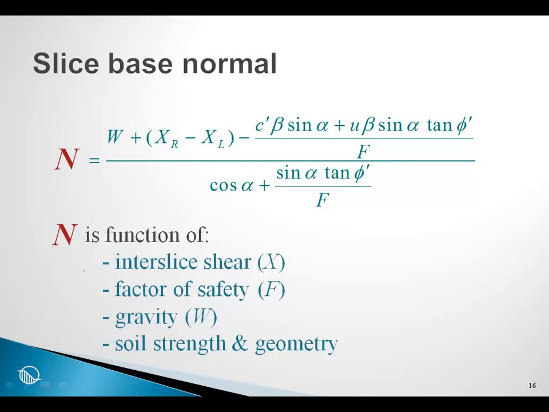It is obvious that if we have a slice, the normal at the base of the slice is a function of the weight of the slice. It's also quite readily evident that the difference in the shear on the side of the slice also affects the normal at the base of the slice.